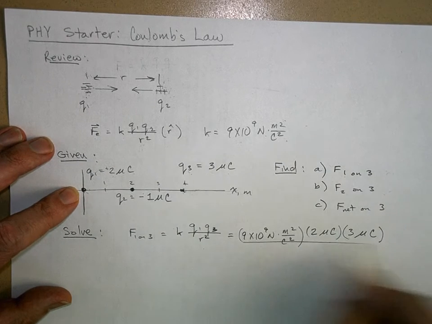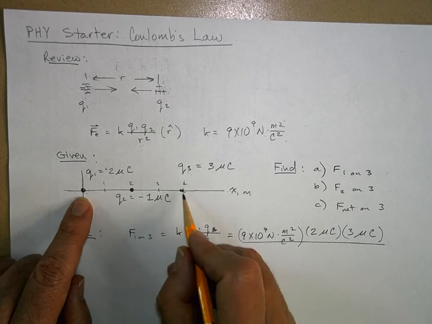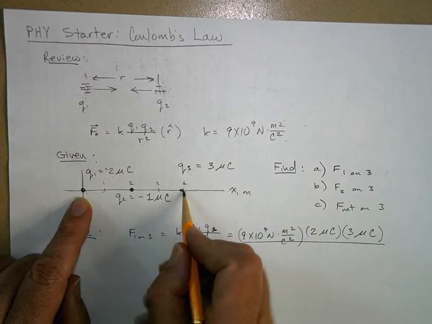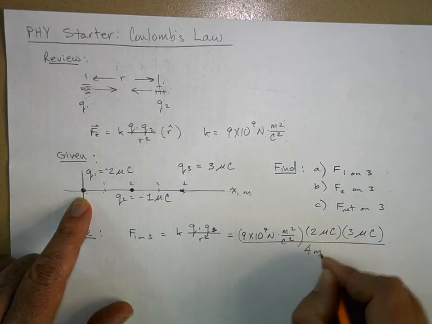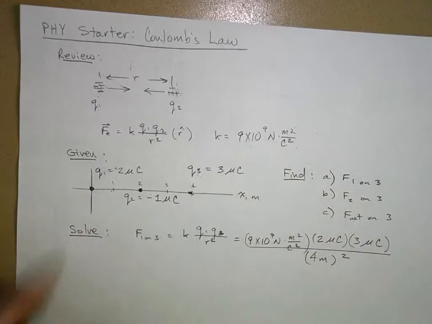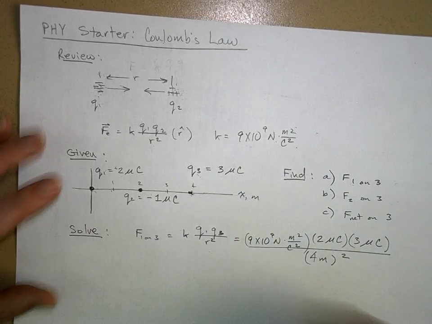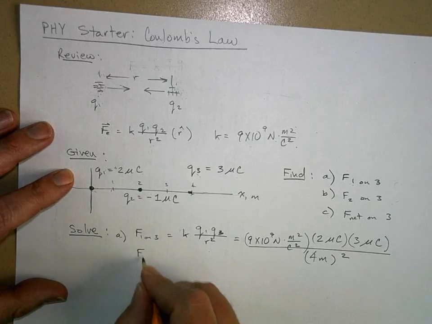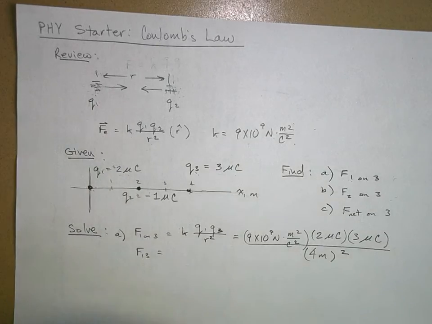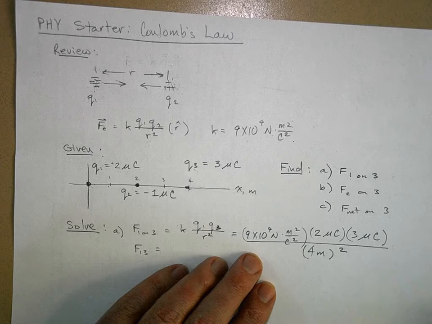And then we're going to divide. What's the distance between Q1 and Q3? 1, 2, 3, 4 meters. So I'm going to put 4 meters, and it's got to be in meters, and I'm going to square it. So this is part A. The F of 1 on 3 is equal to, let me plug that into my calculator.